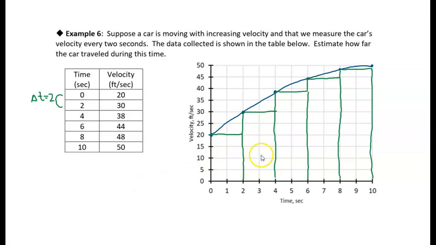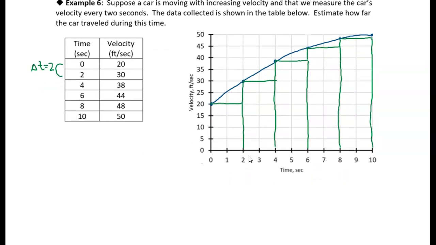All right, so those are the rectangles that I'm going to use for my left-hand sum. It's the left-hand Riemann sum, but I'm just going to call it left-hand sum. Okay, so the left-hand sum is just going to be the areas of all of those rectangles added up. So the first rectangle is 20 units high by 2 units wide, right?